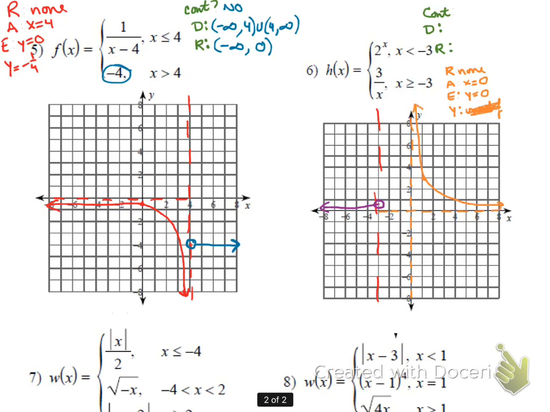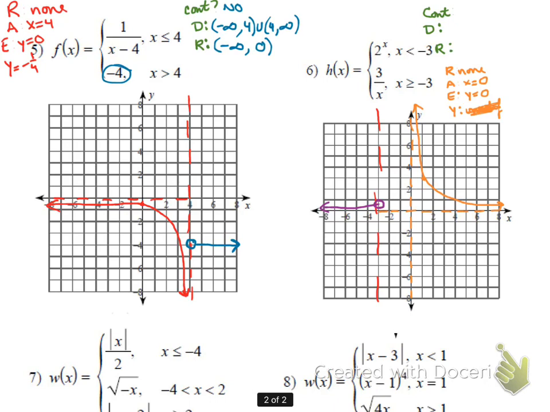And the only other point that would be really significant would be something to the left of the vertical asymptote, which is at x equals 0. Which means that this time I'm actually going to plug in -3. And the reason I'm going to plug in -3 is because it's defined there, right? x is greater than or equal to -3. So I need to figure out what's happening at -3 so that I can plot that closed point. Well, if I have 3 over -3, I end up with -1.